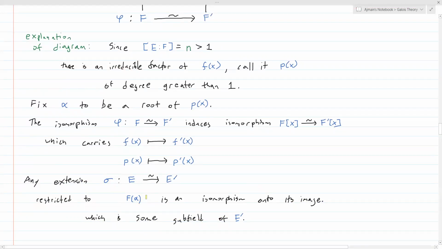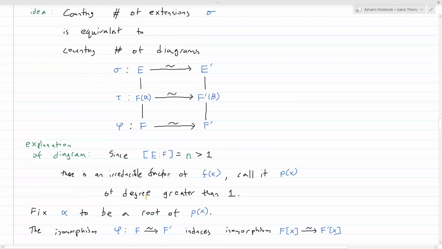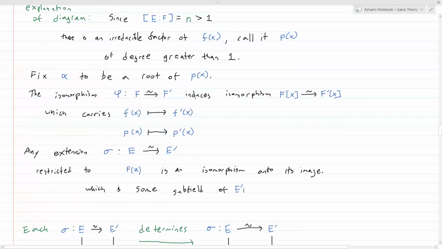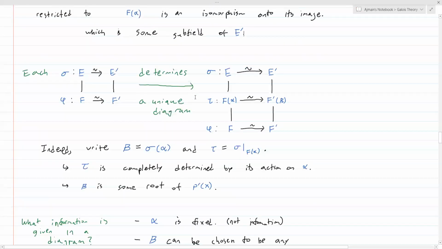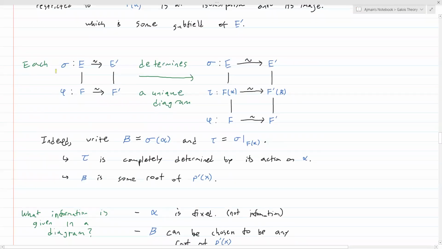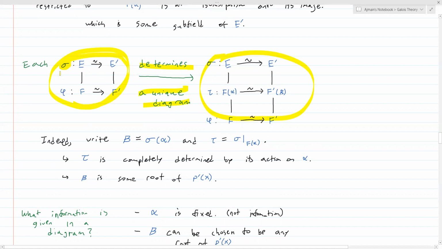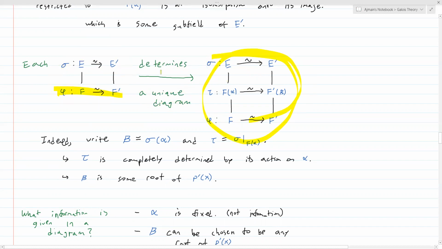Now I still have to say what tau is and so on. So I'll say it in this statement. Each sigma determines a unique diagram that looks like this. So sigma is already an extension of phi, but it determines a unique diagram that looks like this.